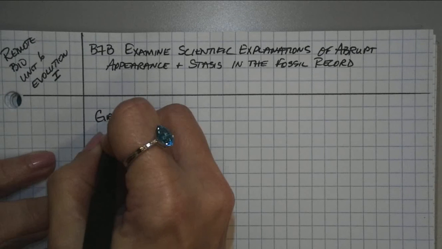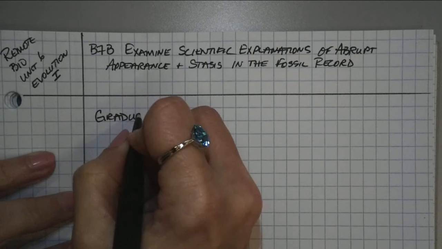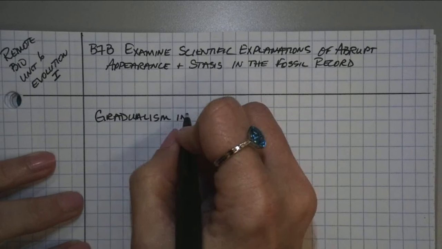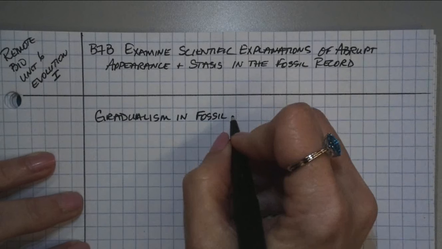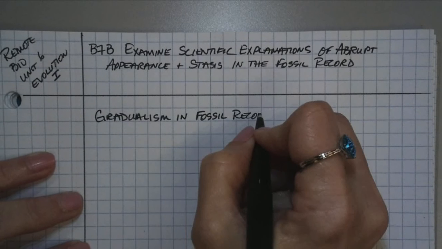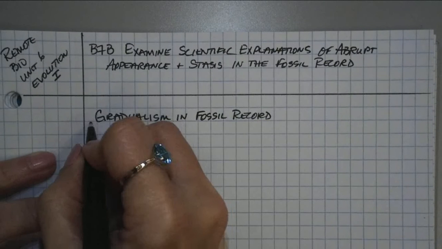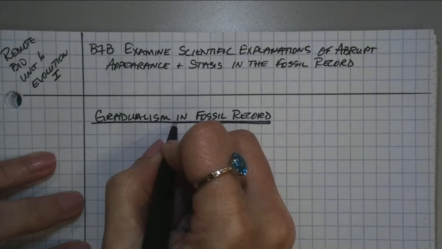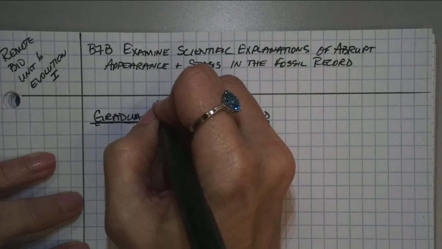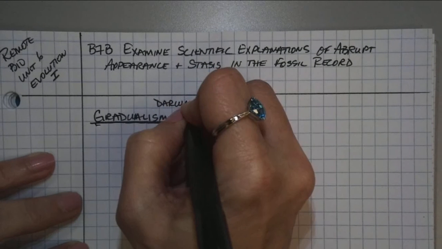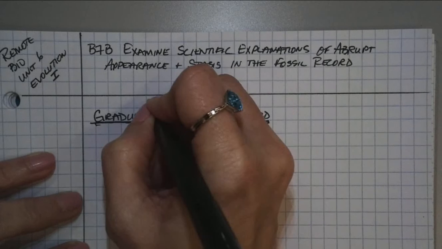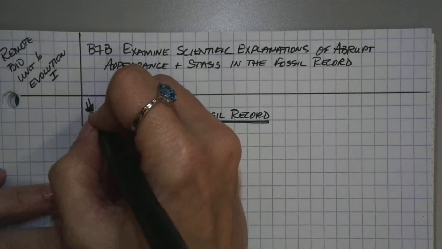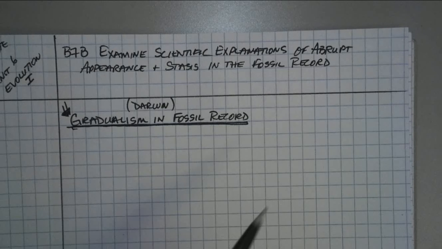And gradualism is what Darwin was all about. So gradualism in the fossil record, that's what Darwin said. He said, hey, things show up or things evolve slowly over time. So gradualism is the big, big, big deal with Darwin. So right here, you can put Darwin at the top of this. So gradualism, that's a big, big deal. This was the very first whole concept of the evolutionary theory, gradualism.